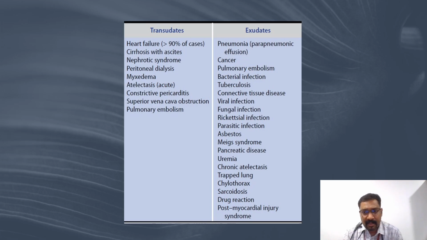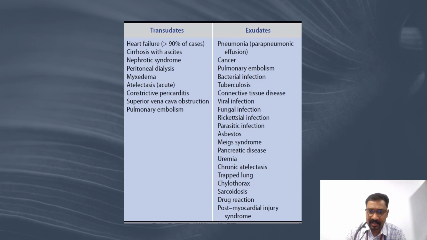Now let's look at the etiology of transudative versus exudative pleural effusions. Most of the transudative ones are simple. It's either heart failure or cirrhosis or nephrotic syndrome or significant hypoproteinemia because of other reasons. It can also be seen in myxedema and other situations like peritoneal dialysis. Exudative pleural effusions are all infective pleural effusions, pleural effusions associated with malignancies as well as connective tissue disorders.